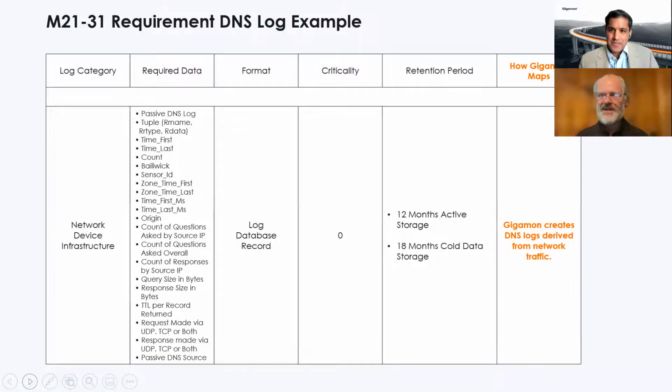Is that causing any problems? And he told me that, yes, in fact, it is causing problems, because getting that level of logging was actually crashing their DNS servers when they were trying to comply, doing it in the traditional way. So they see the Gigamon application metadata intelligence capability as a modern alternative to making this work.